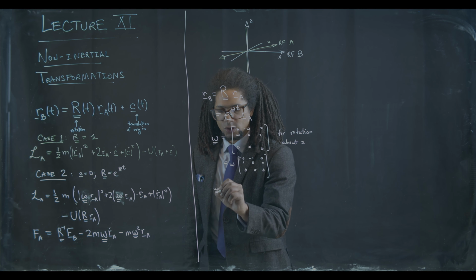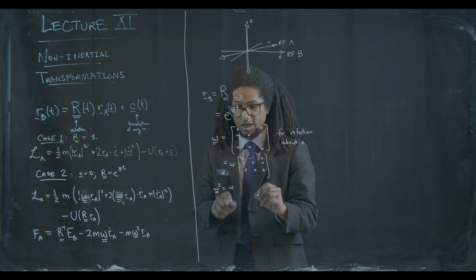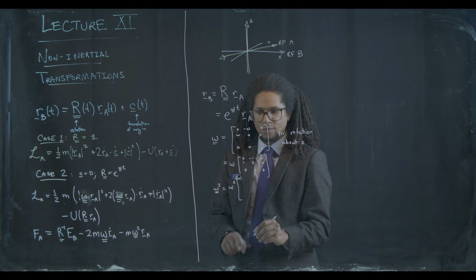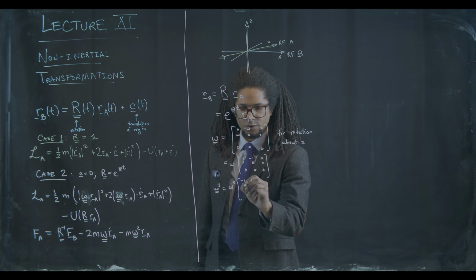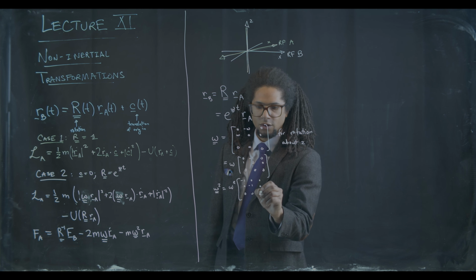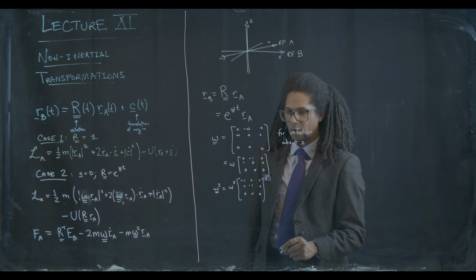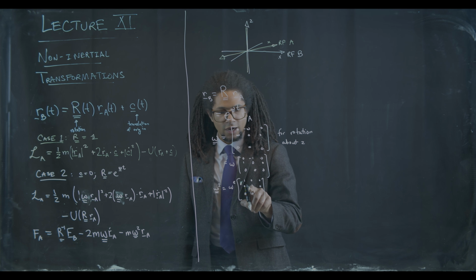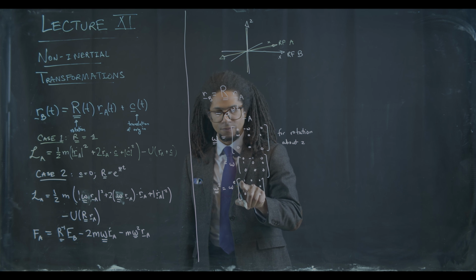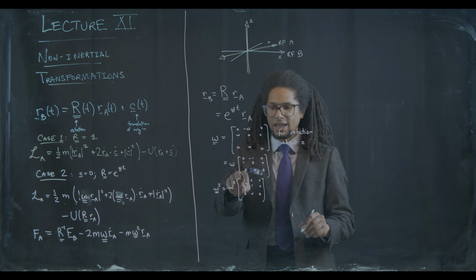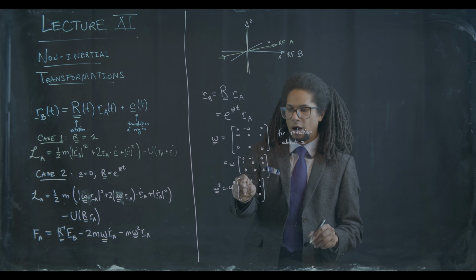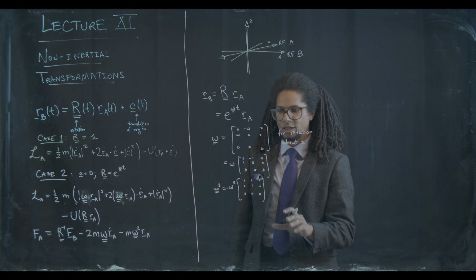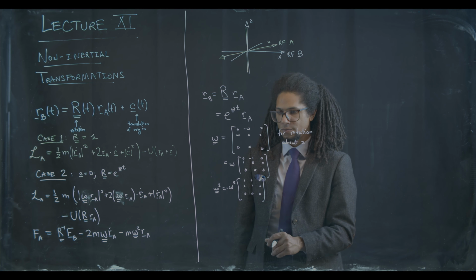And therefore, omega squared is going to be the number omega squared times the matrix with rows (minus 1, 0, 0), (0, minus 1, 0), (0, 0, 0), just by matrix multiplication. Okay. Now, the important thing is that this is minus omega squared times something that looks almost like the identity. Notably, it is the identity in this upper 2 by 2 block, and then it has a 0 block down here, if you want to think about it like that. This matrix is block diagonal with that structure.